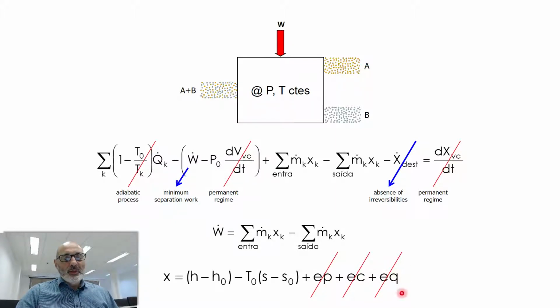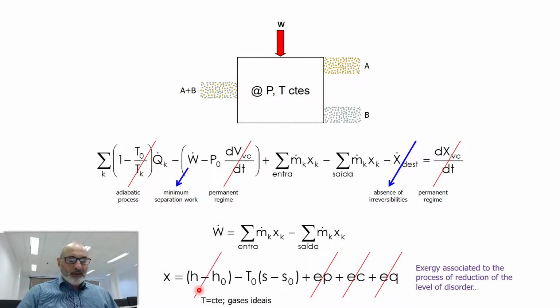Next week, or next class, we're going to see chemical exergy. That's the subject of next class, okay? So we remain with these terms, and this is the definition of flow exergy, okay?